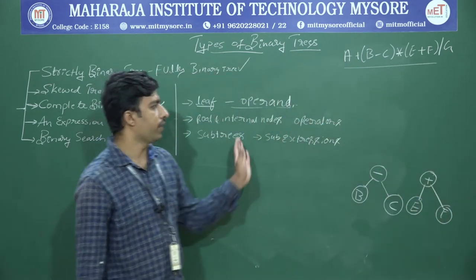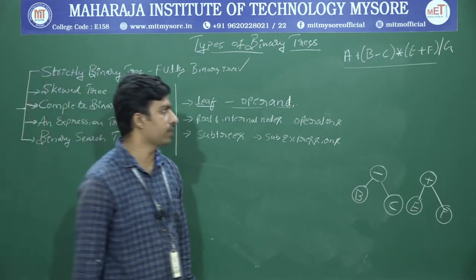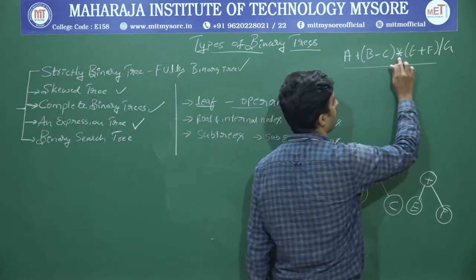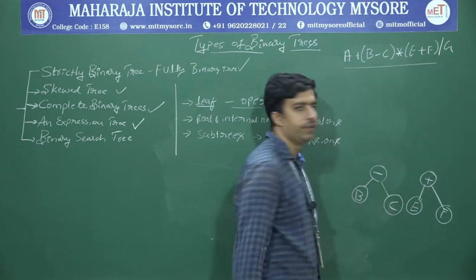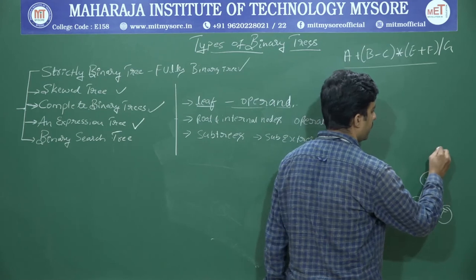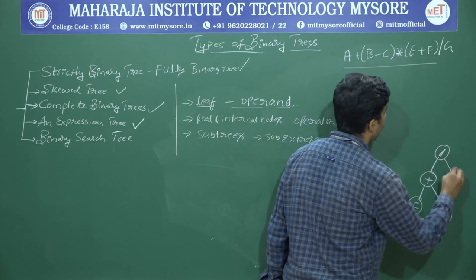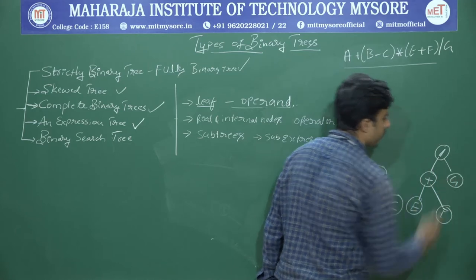After these two, according to the BODMAS rule, before multiplication comes the division symbol. I wrote the division symbol there, and division with G.